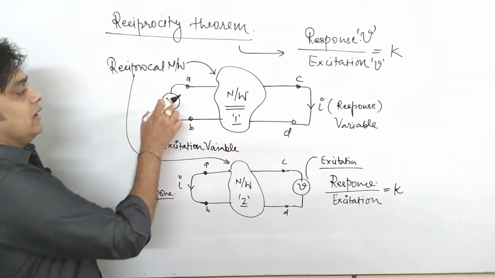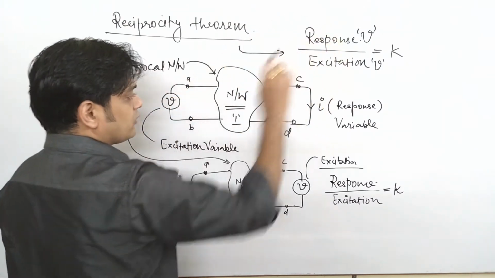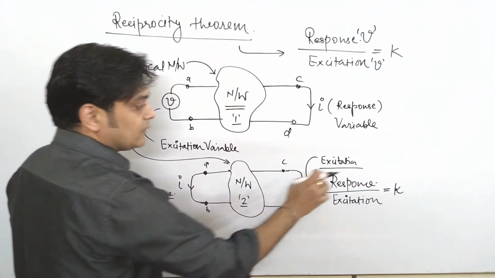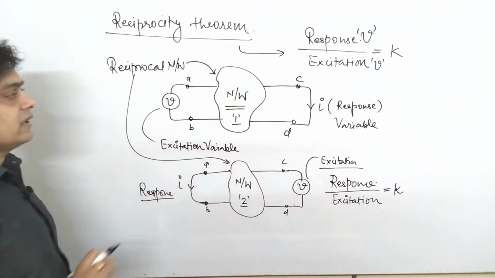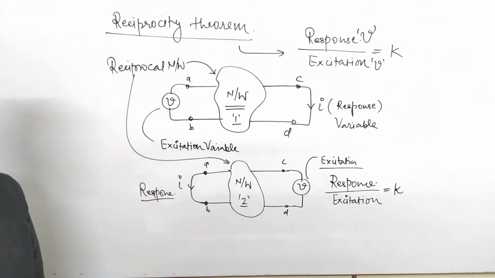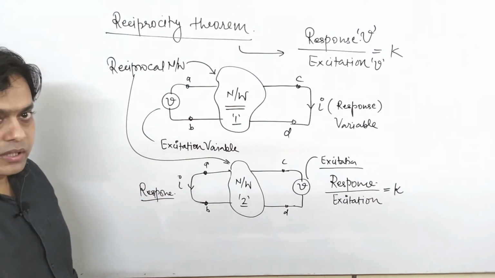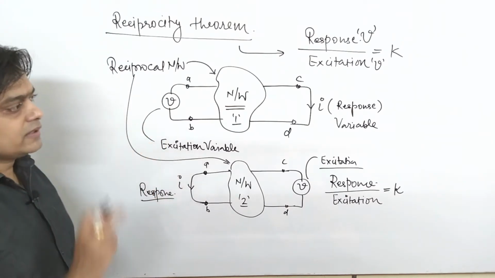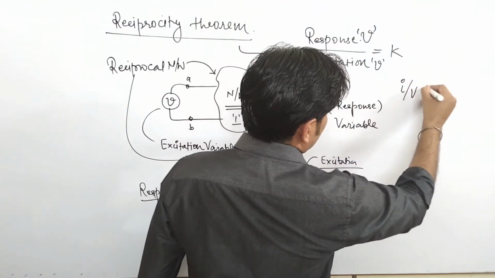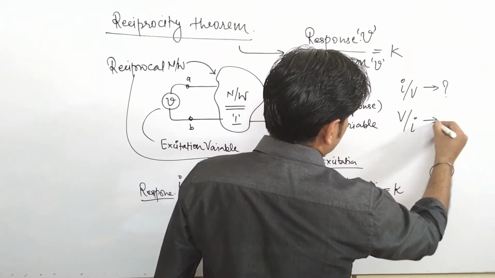Why? Because if the ratio of response variable to excitation variable remains constant even after changing their position in a network, you can say that such networks are known as reciprocal networks, and they are following the concept of reciprocity theorem. So this response to excitation will be I by V also, and it is V by I also.